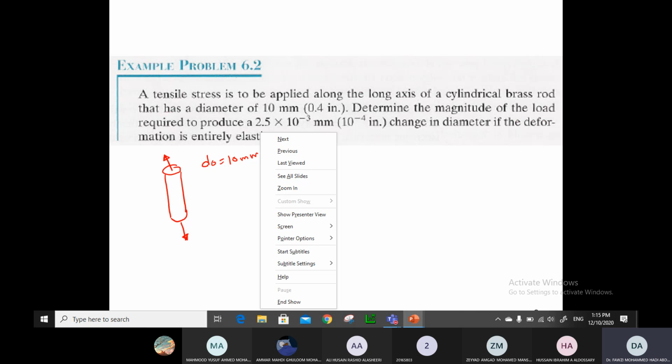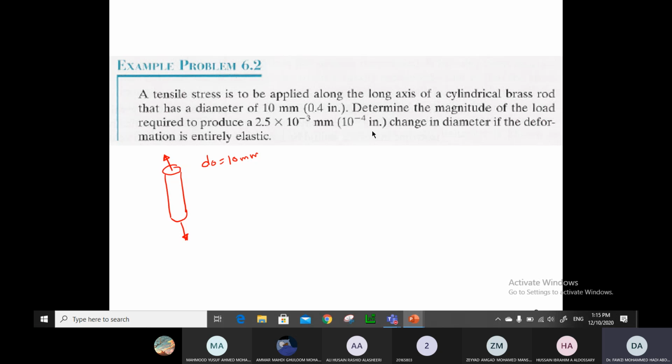It says determine the magnitude of the load required to produce a 2.5 times 10 to the minus 3 millimeter change in the diameter. So we are being told that the change in diameter required is 2.5 times 10 to the minus 3 millimeter.